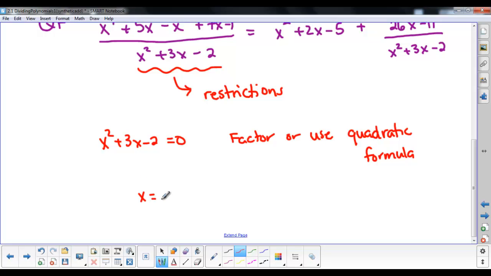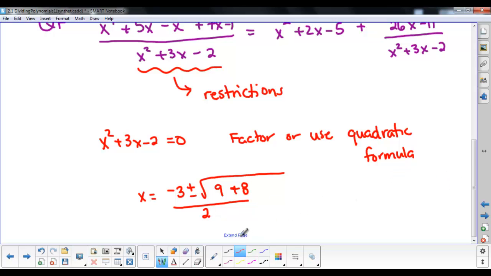So to solve for x, or to solve for the restrictions, we would sub into the quadratic formula: negative b plus or minus the square root of b squared minus 4 times a times c, so minus negative 8, all over 2.